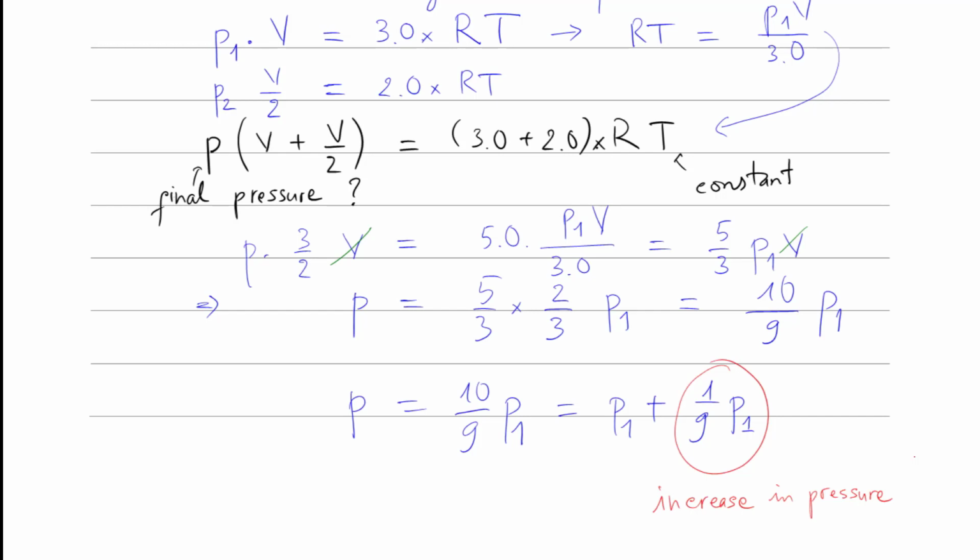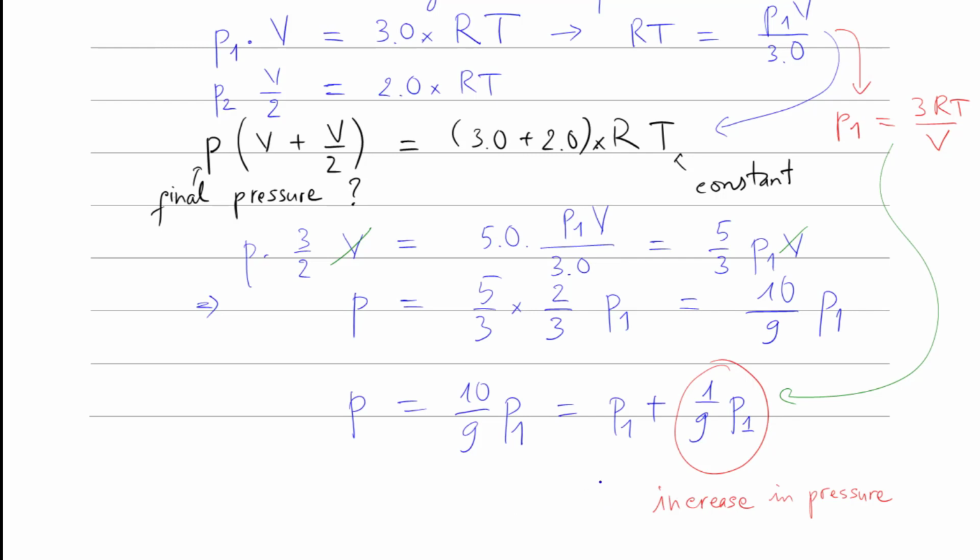Now, in order to get the result that is similar to one of the four options, we have to find the relationship between P1 and RT from the first equation here again. P1 is 3 times RT over V. And now we put this P1 in here, and we will get the final answer.